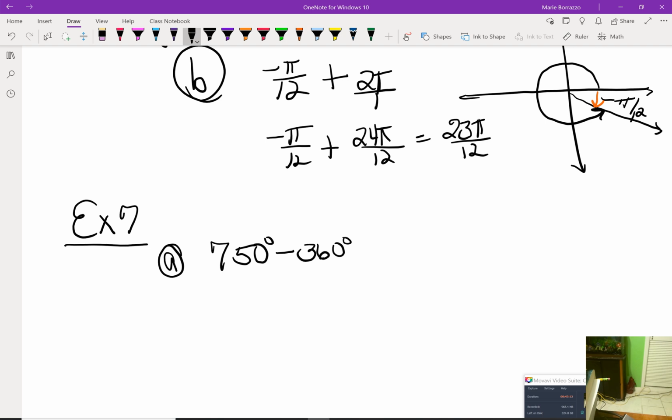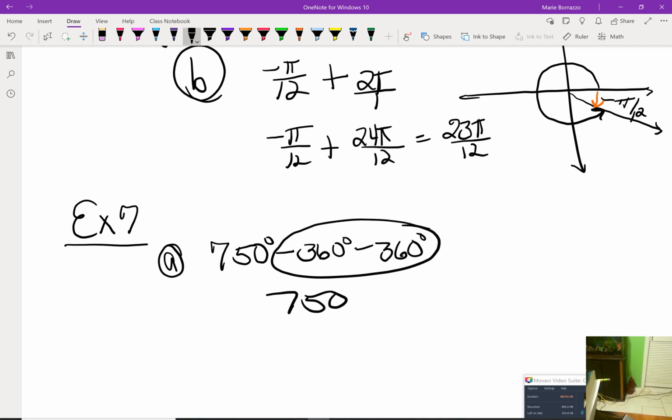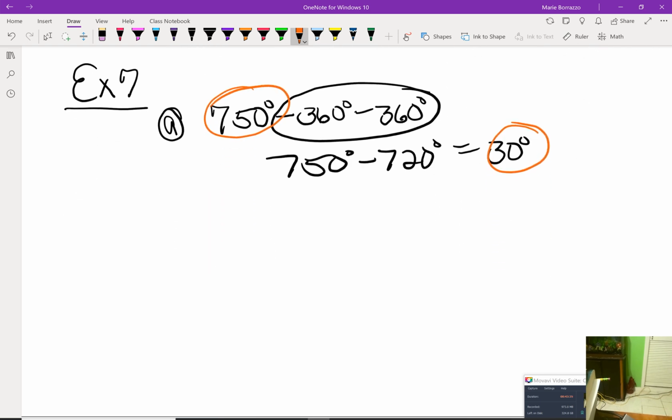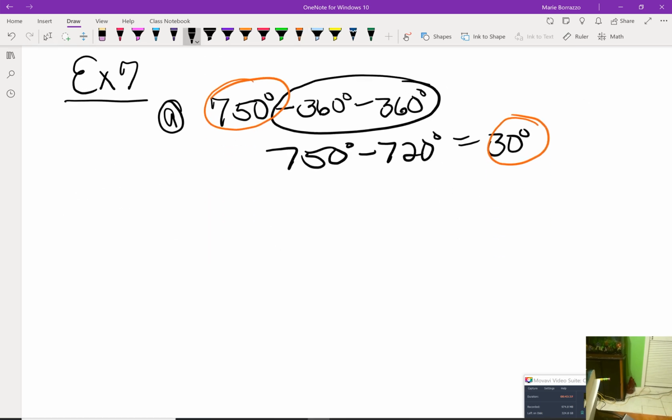So what I really have in total is 750 degrees minus 720 degrees, which gives us 30 degrees. So the 30-degree angle is coterminal with the 750-degree angle. Again, you draw the picture. It's the whole discussion that we've had about ending up in the same spot, basically.